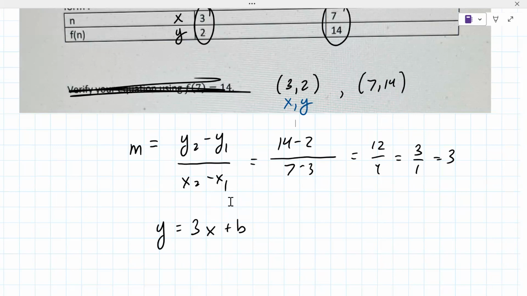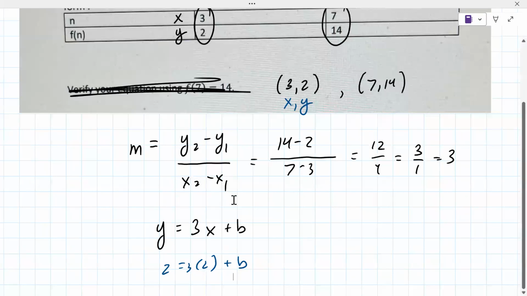Minus 7 equals b. All right. Sounds correct. Does not sound correct. B is not minus 7.